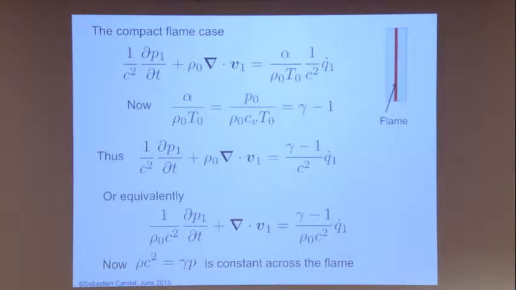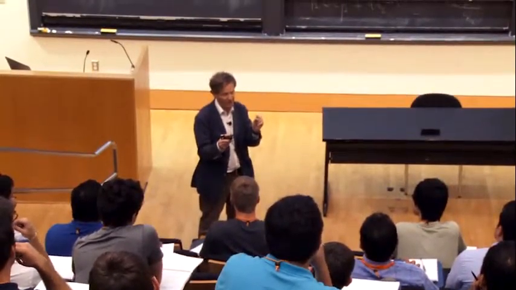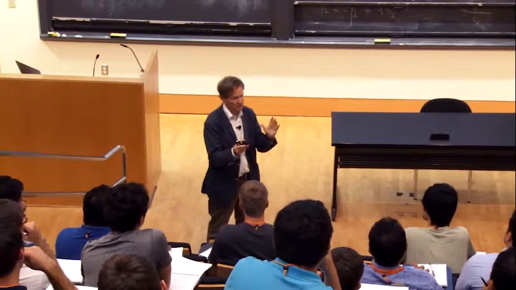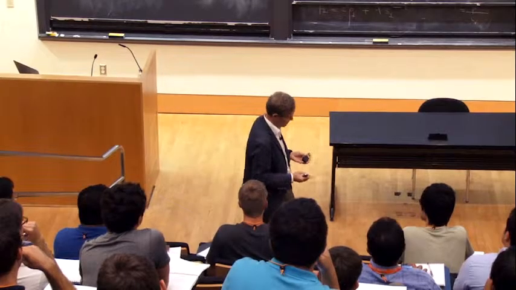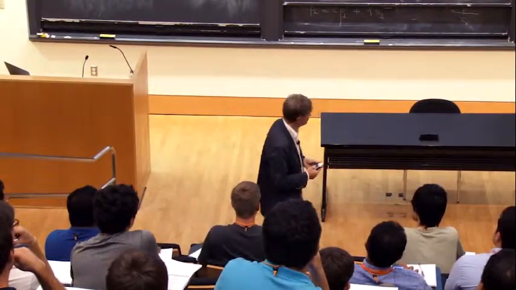And now there are many things that we can study with that. The first one is to see what happens to a compact flame. Very often these instabilities are such that the wavelength is large compared to the flame dimension, so we designate that as compact flames.